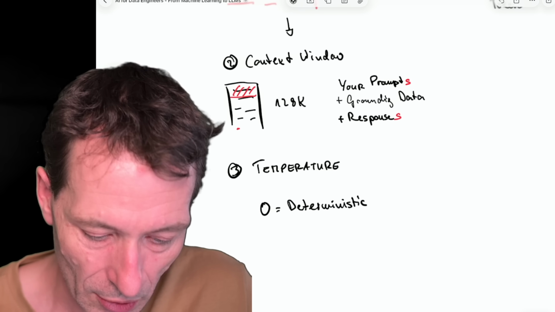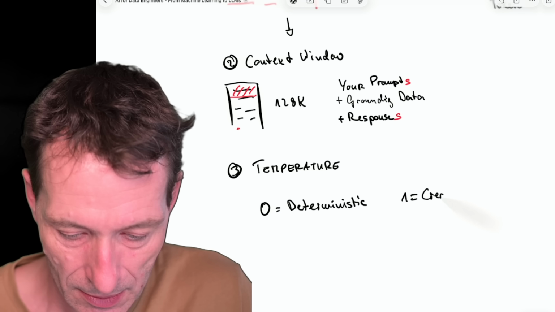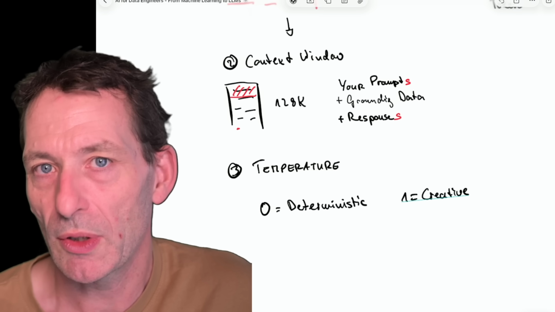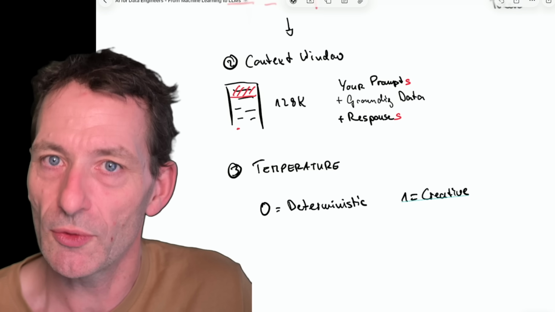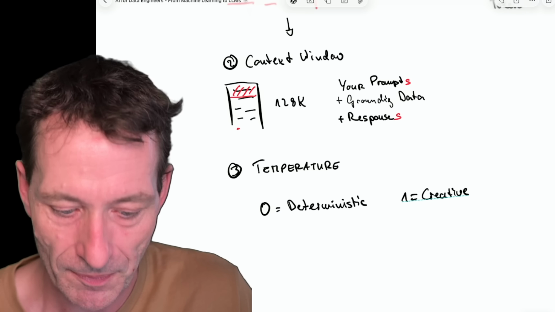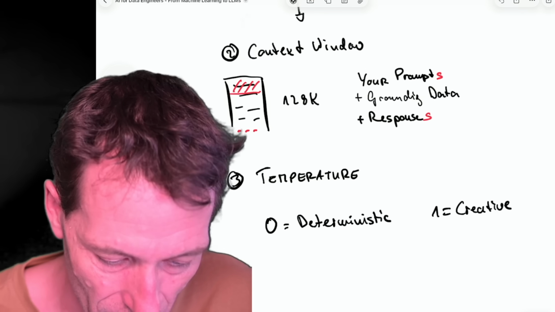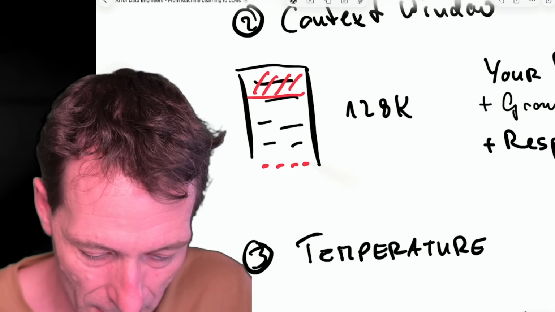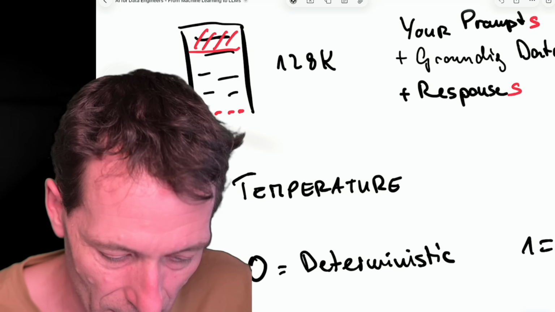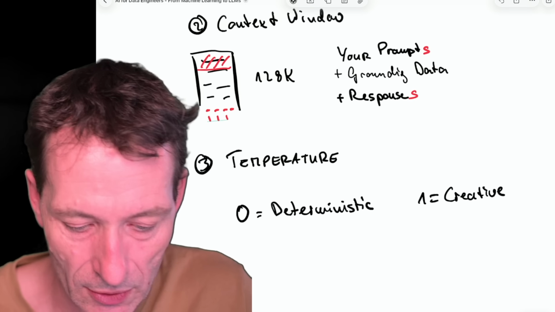A temperature of 1 is very creative. What happens is that the model starts to select a token other than the statistically best fitting one for this answer. And because it writes token by token, like we have drawn here, the first token affects the second and both affect the third token that is selected.